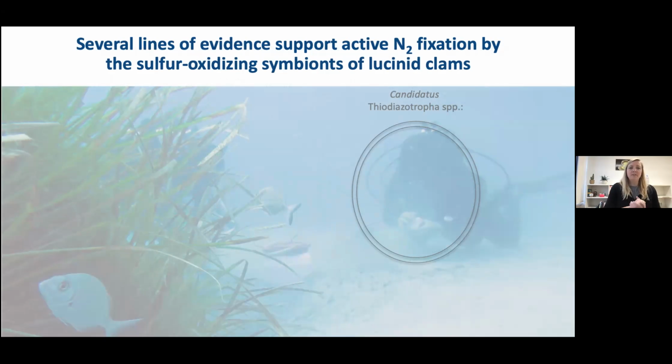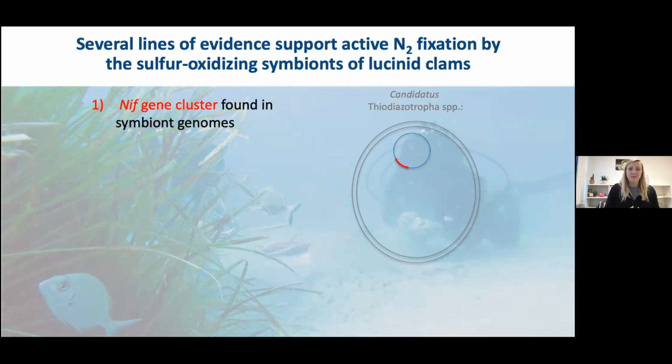And so a couple of years ago, we were looking into these clams. We'd spent many years studying symbioses in the deep sea, but nobody had really been looking into these clams in any detail. So we started looking with genomics to start with, sequencing the entire genome of the symbionts to find out what they could do, what they were capable of.